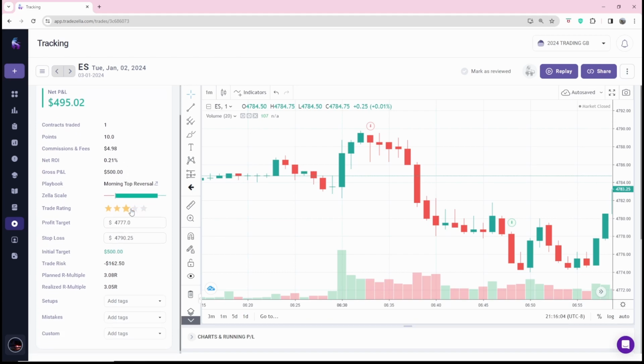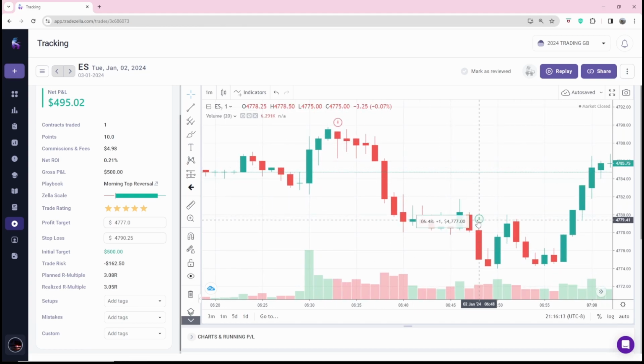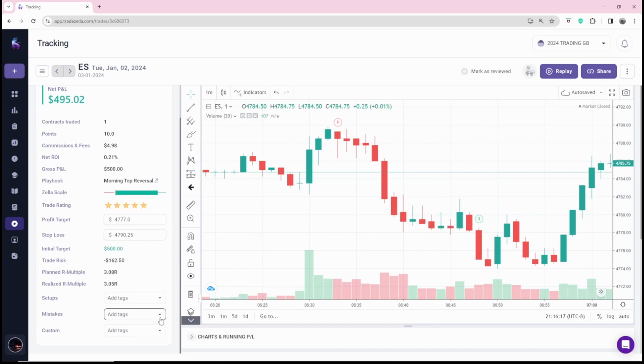A++ setup on my morning top reversal play. You can see my fills right here as well. Like I said earlier, I got in at 4787, got right out at the 477s, and overall a solid day to start off the year.